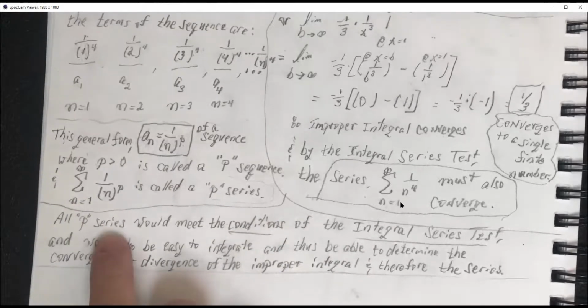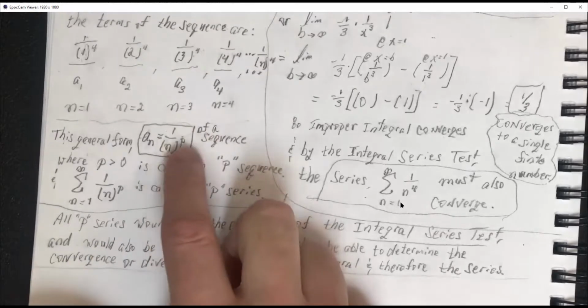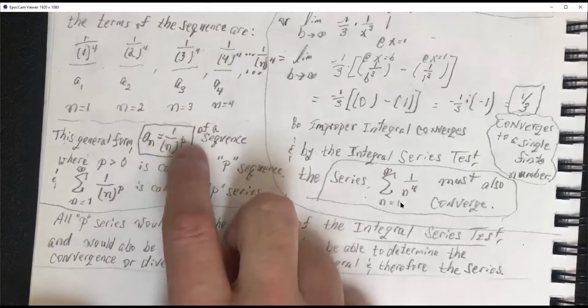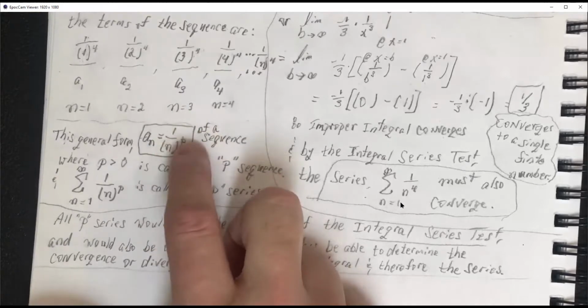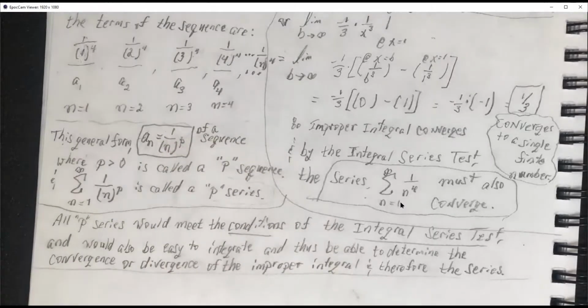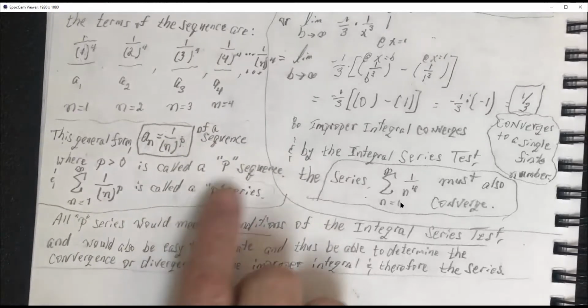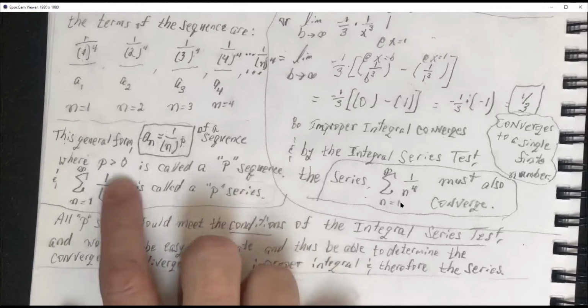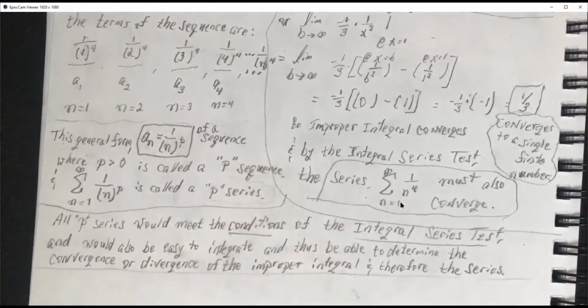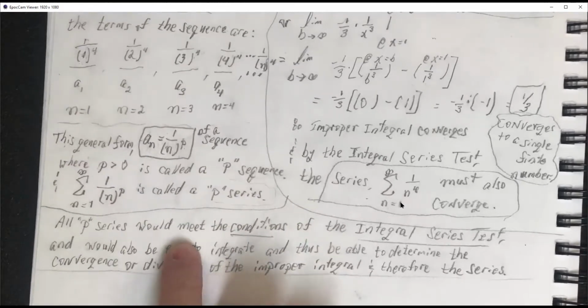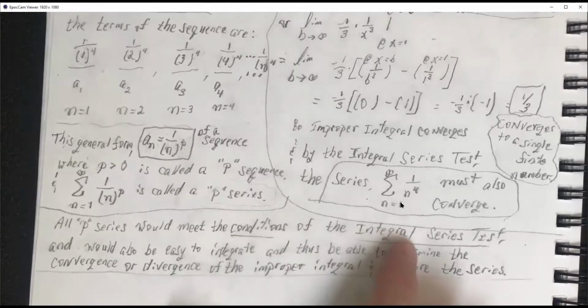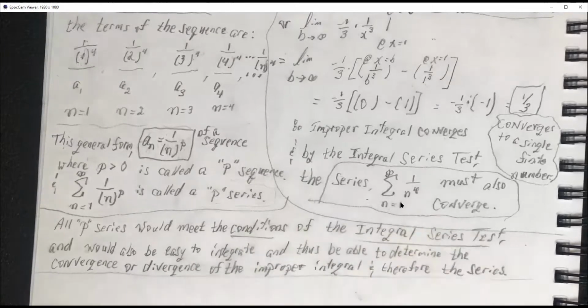So all P series, 1 over n to the 4th power, 1 over n squared, 1 over n to the pi power, 1 over n to the 1/3 power, with P being any real number greater than 0, would meet the conditions of the integral series test.